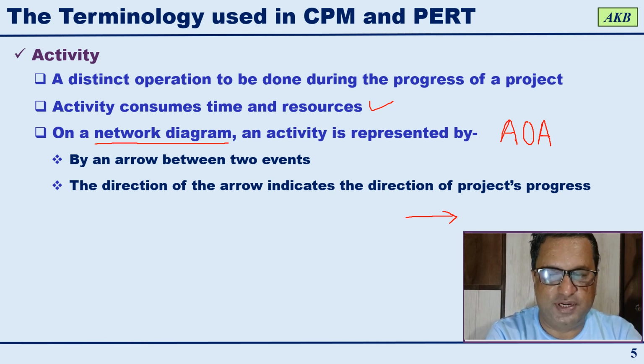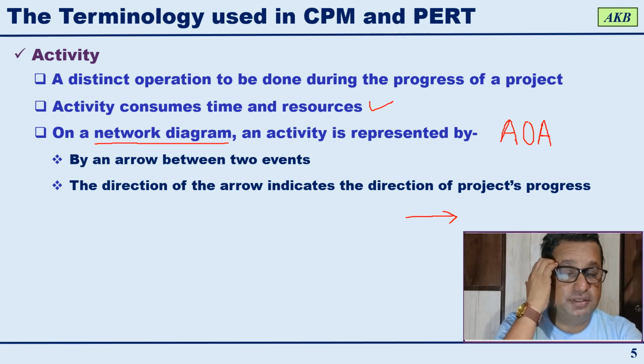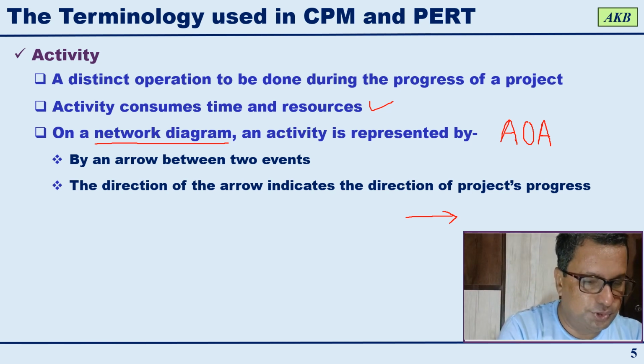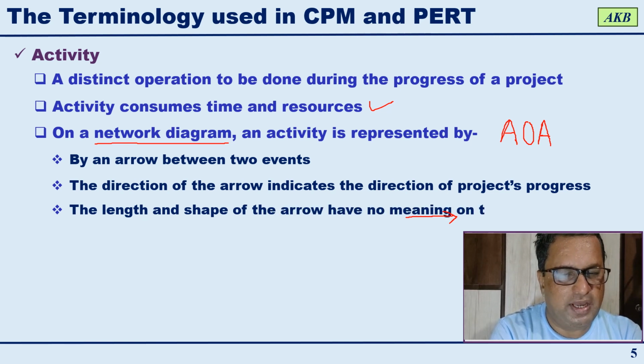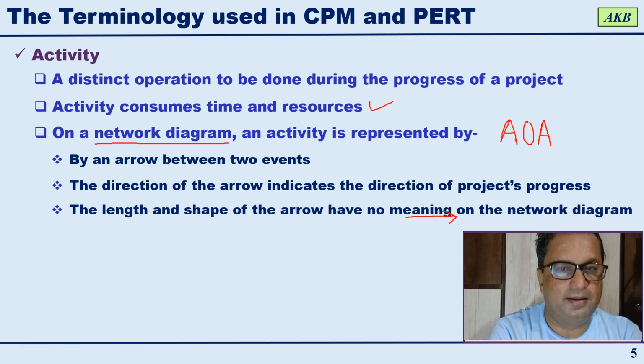The length and shape of the arrow have no meaning. What is the length of the arrow, what is the slope of the arrow, what is the shape of the arrow, all this does not have any meaning on the network diagram.